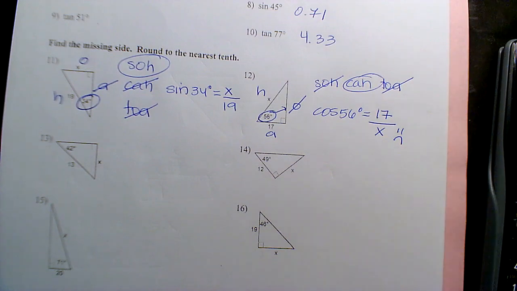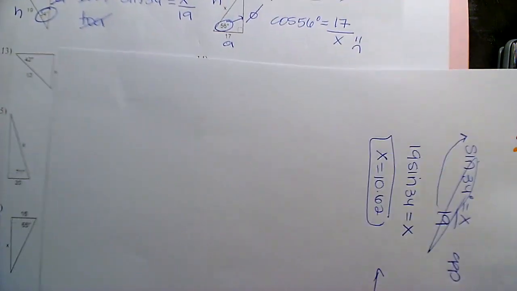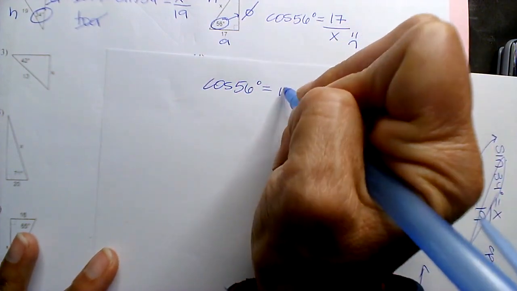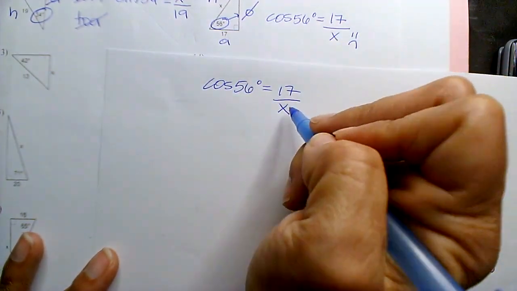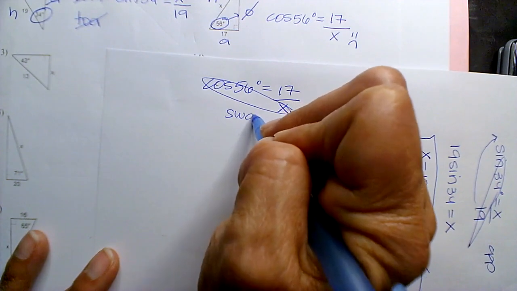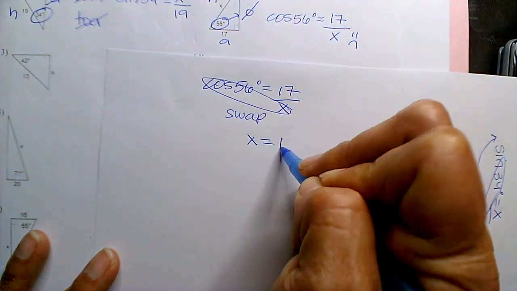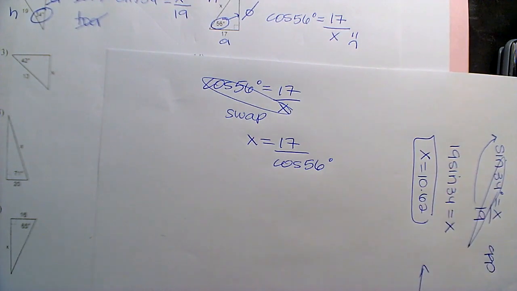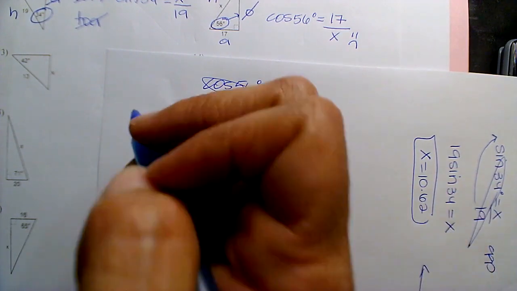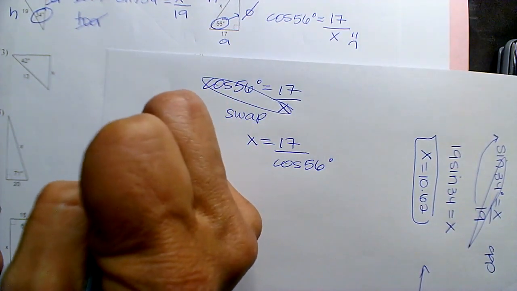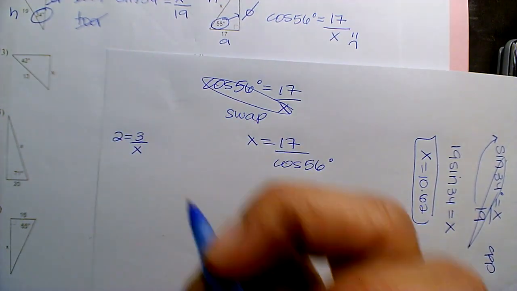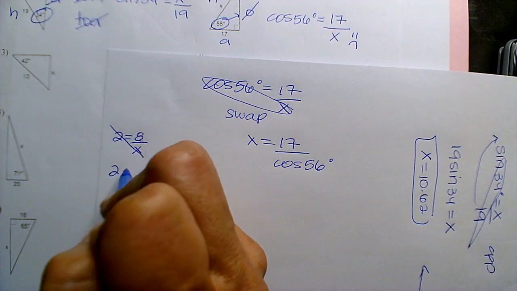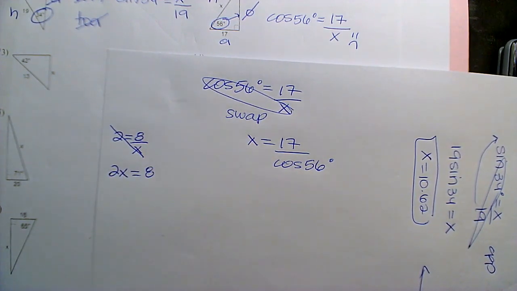So if you guys understand the cross product property, if you guys can multiply diagonally, you can also switch diagonally or swap. And so these two positions can swap. Okay, if you don't buy into that, let's do an easy problem. 2 over 3x, right? We'll make it 8. You guys know you can multiply and get 2x is equal to 8, right?